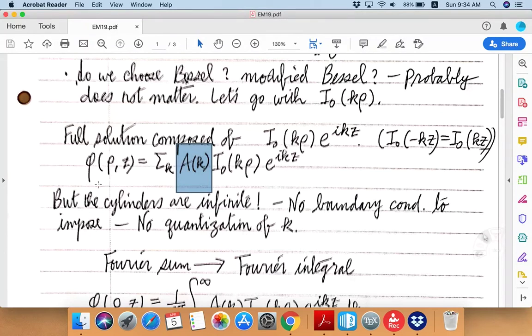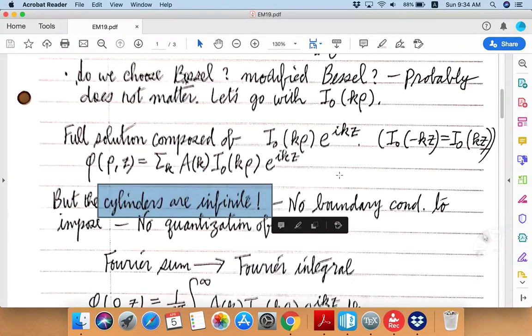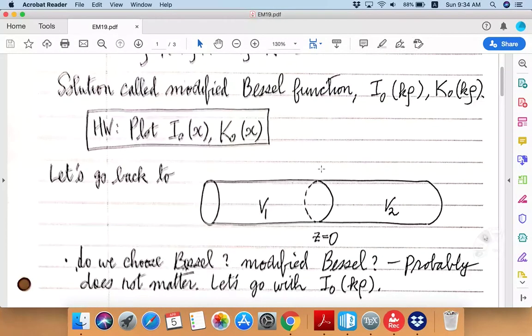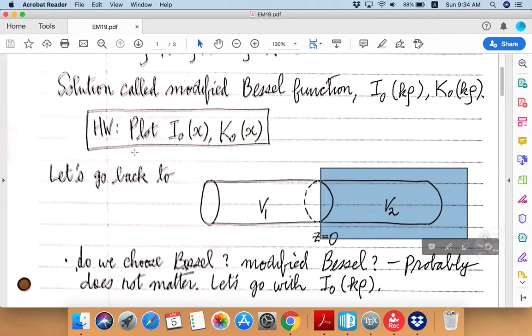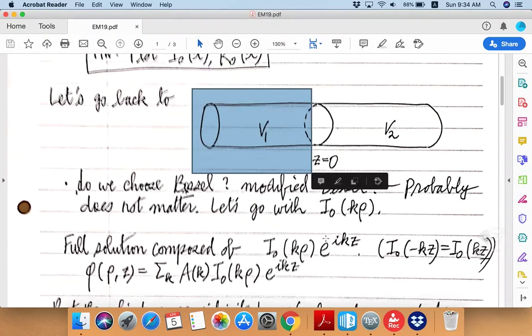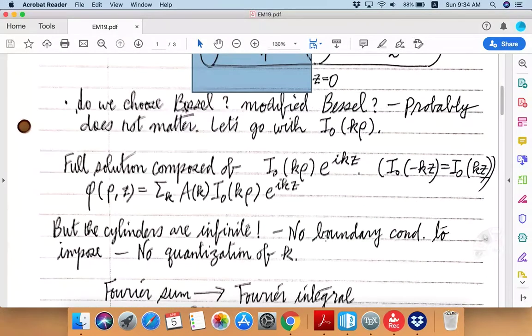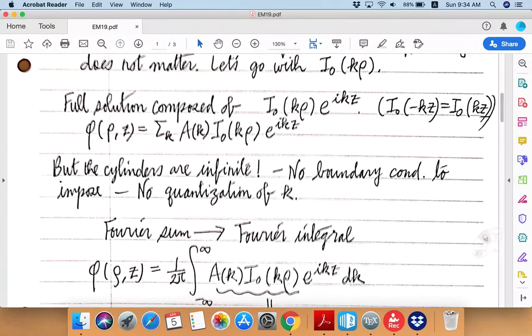But you see, these cylinders are infinite in our problem. So it goes off to positive infinity in this direction and goes off to negative infinity in the other direction. So in this circumstance, there's no boundary condition to be imposed, because usually boundary condition comes from imposing some sort of restrictions at the end, but there's no end here.